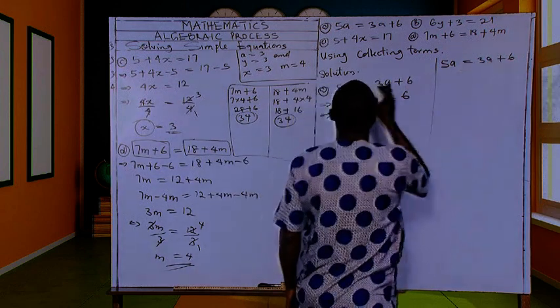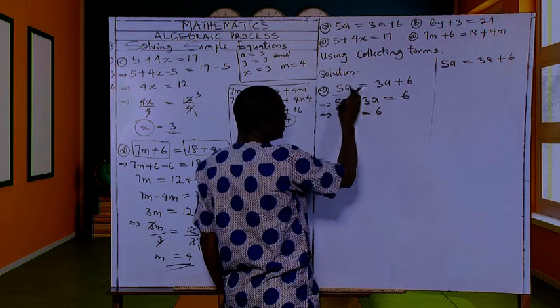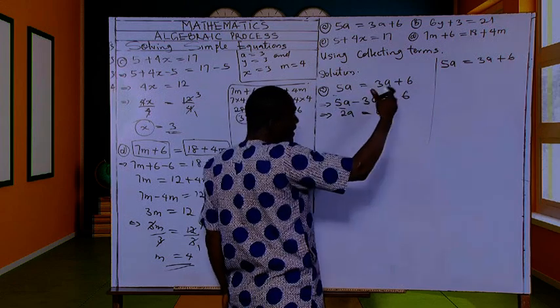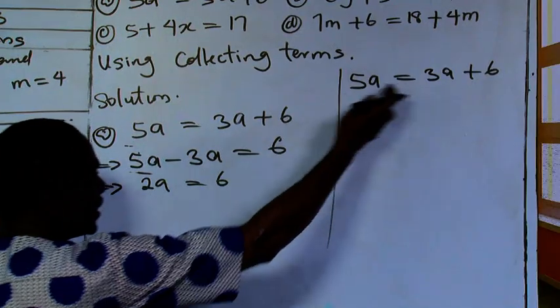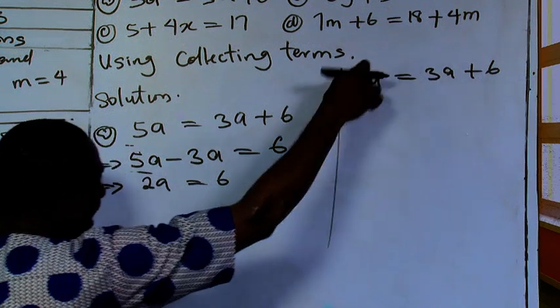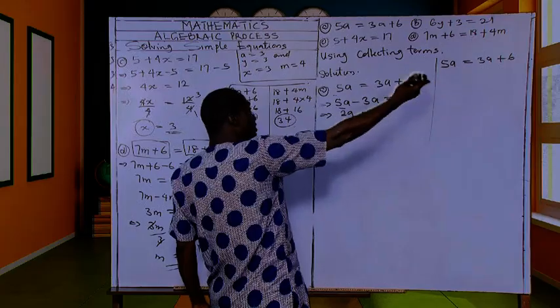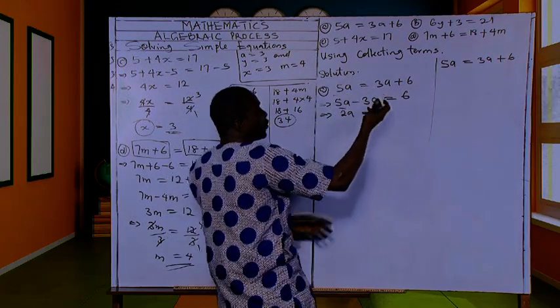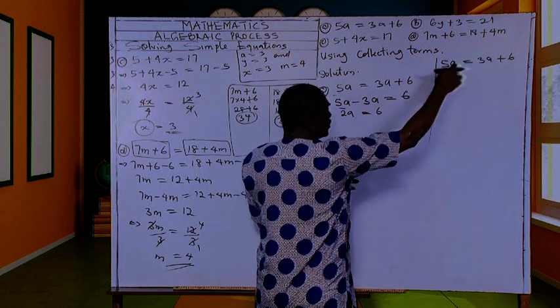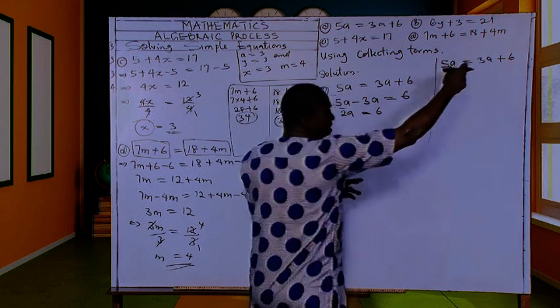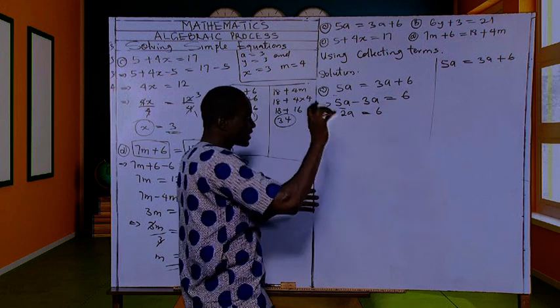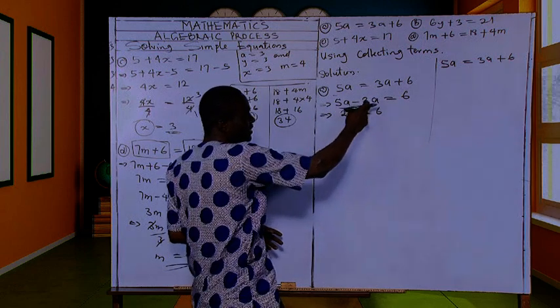So we brought this 3a here and collected the like terms. Bringing it here, we have to change the operation because it crosses that bridge, the equal sign. That's why we have minus 3a.